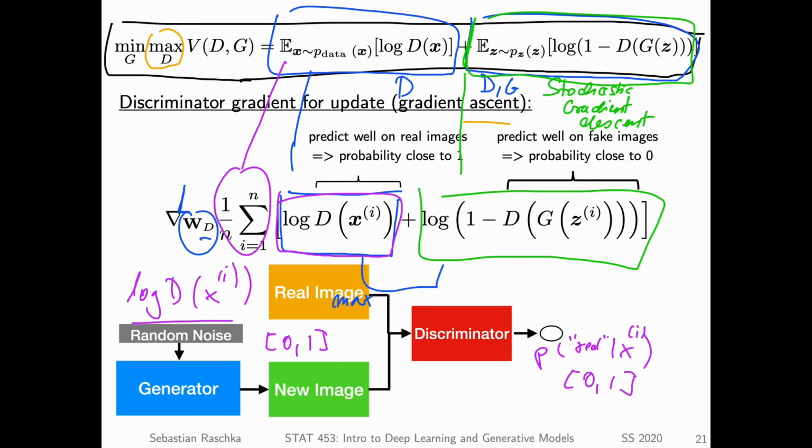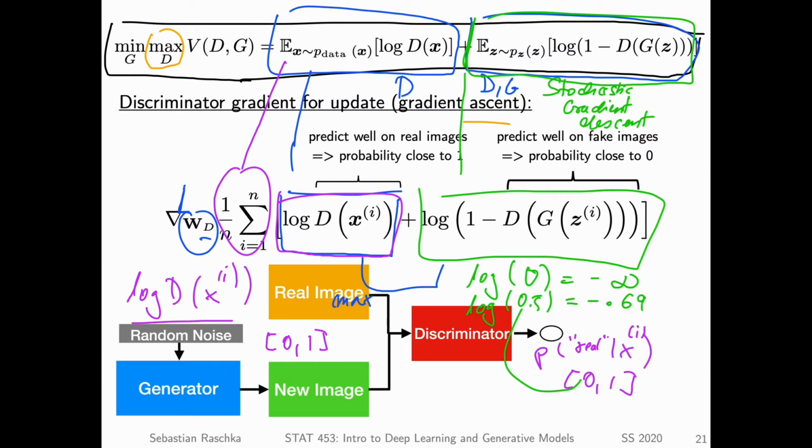When is that maximized? Let's look at some values that we can put into the log. Let's start with the smallest value, 0. If we put a 0 in here, that would be minus infinity. If we have log 0.5, which recall would always be equal to a random prediction, that would be minus 0.69, I think.